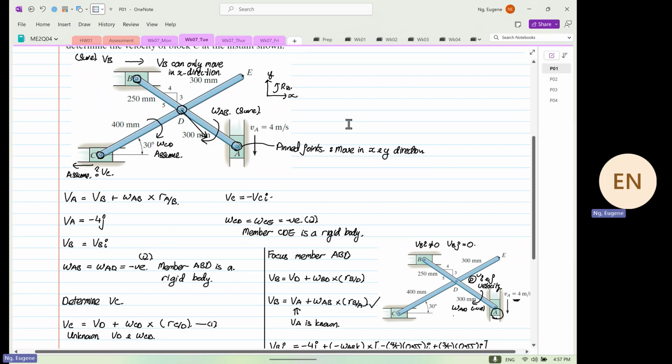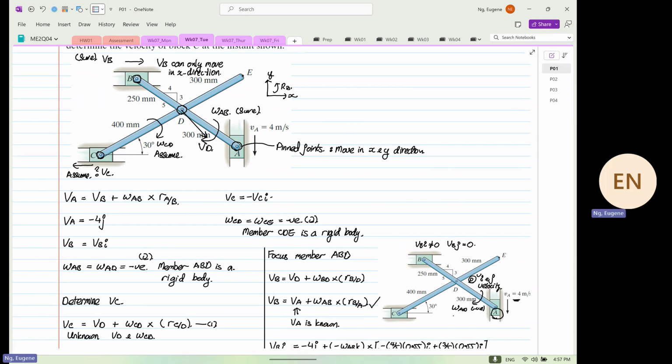This is your velocity at point D. So at this moment, you can more or less check, yes or no? Does this make sense? If this piston is pulling down, VD has to move towards the what? Towards the right. For this case, okay, not every case, for this case, you can check whether your sign is correct or wrong. Are we clear? Okay, so I think we are safe.